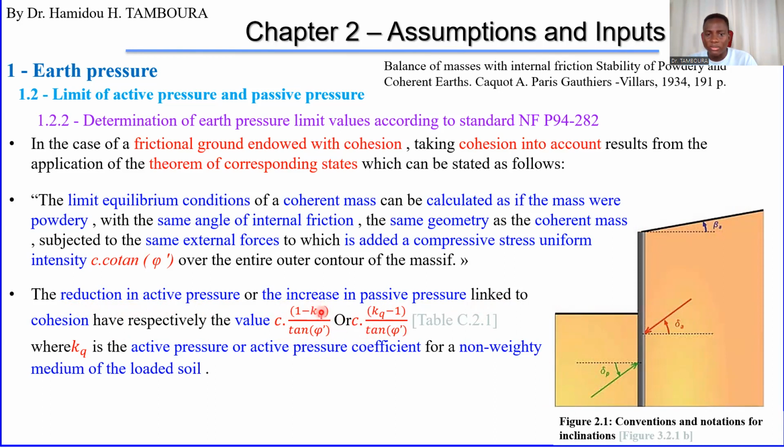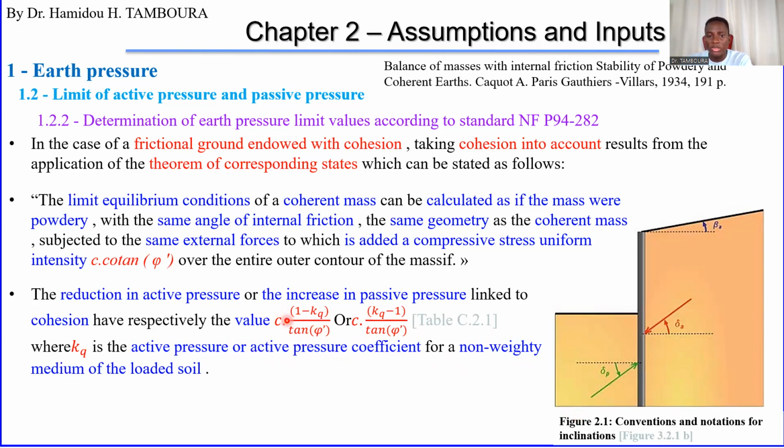This K, in this case, the Ka is the active pressure coefficient. But in this case, it is the coefficient of passive pressure, not active, sorry. I don't have to correct this, so just consider that this is passive. Okay?